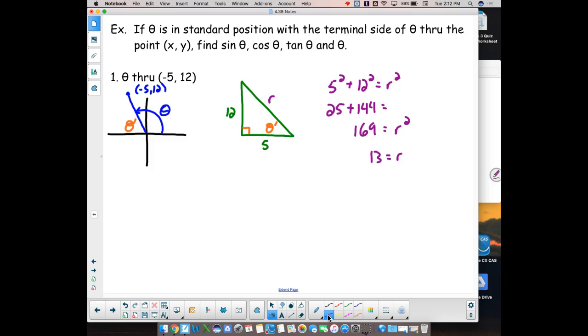How do I find my reference angle? Let's find that right away, as long as we're in the mode of finding stuff. Now that I found r, do I have to use tangent? I can use any of the 3, right? So based upon one of your favorite trig functions, find me what the reference angle for theta is.